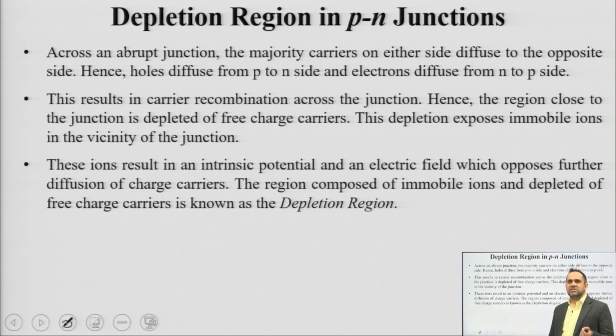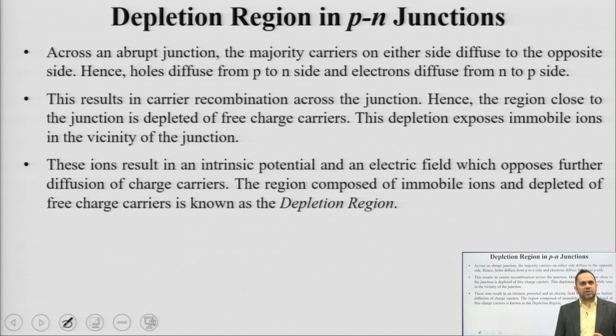Whenever such a junction is created, the first thing which happens is the process of diffusion. Diffusion always occurs whenever there is a concentration gradient. Whenever a particular region has high concentration and another region has lower concentration, charge carriers are going to flow from higher to lower concentration region. So, here when we create this junction, the p side has lot of holes, n side has very few holes.